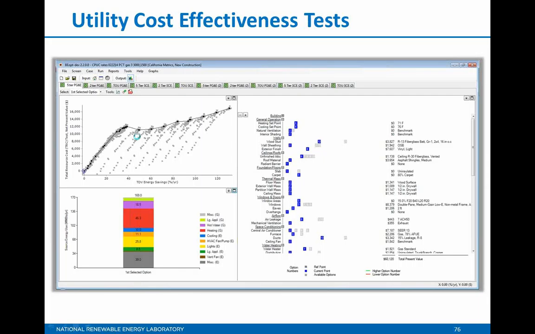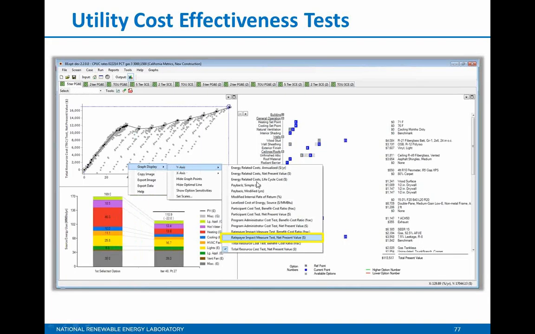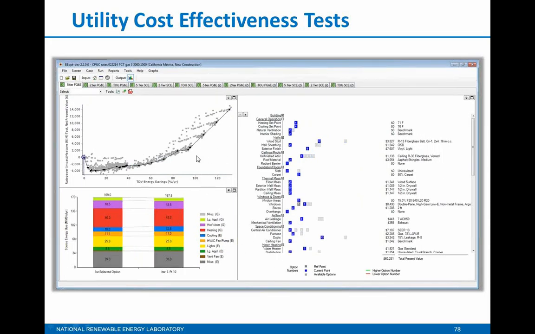So for example, if I go back here and instead switch to the rate impact measure, the RIM test, I get a different type of curve. In the previous instances, it was net present value, and we were looking for maximum participant cost values or TRC values.